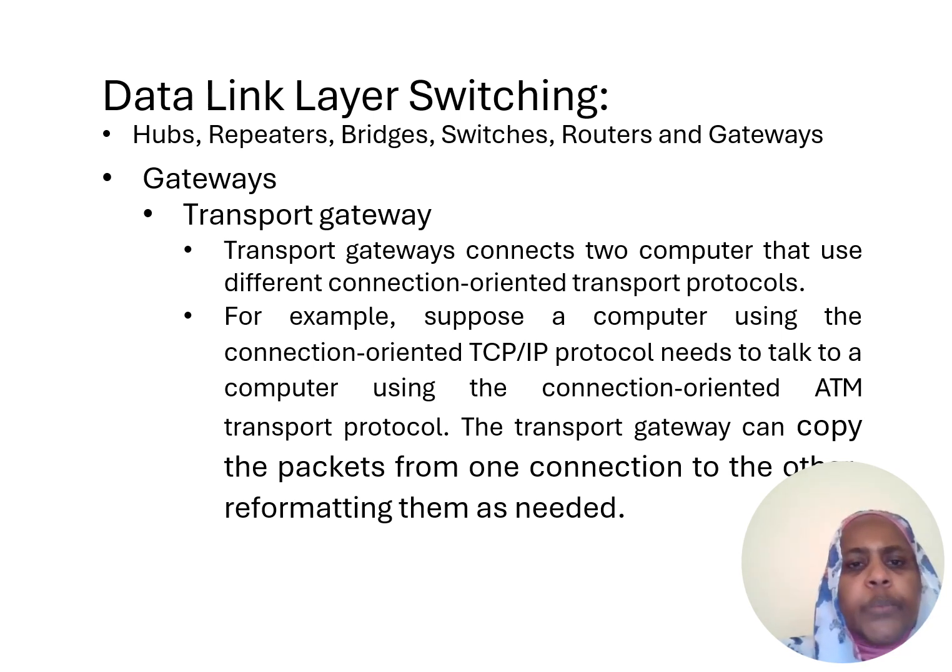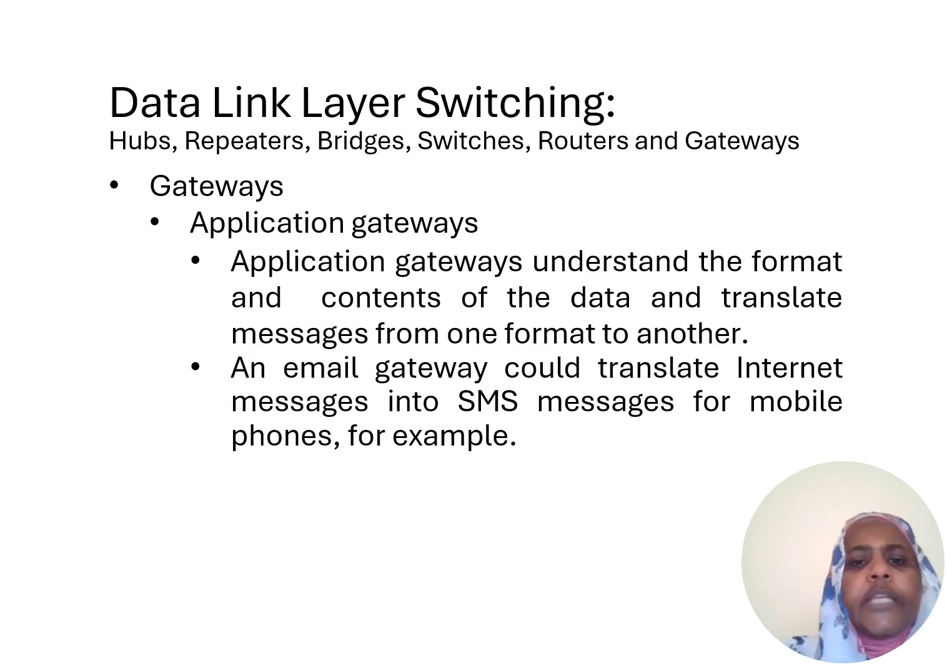We have transport gateways that connect two computers that have different connection-oriented transport layer protocols, such as TCP/IP and ATM. And application gateways are content-aware gateways that can understand the content of the message and translate it, for example from an email to an SMS message for mobile phones.